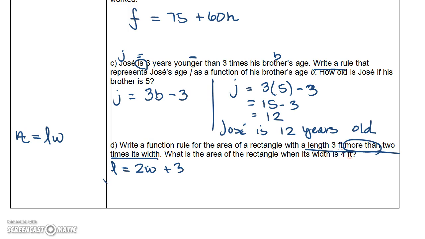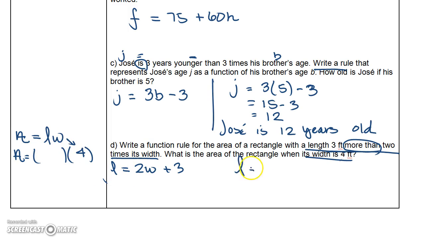Okay, well that's one part of it. The next part is, what is the area of a rectangle when the width is 4? So here's what we know from this. For this formula, area equals length, we don't know yet, but we know that the width is 4 feet. This is your L, this is your W. Well, what's the length?